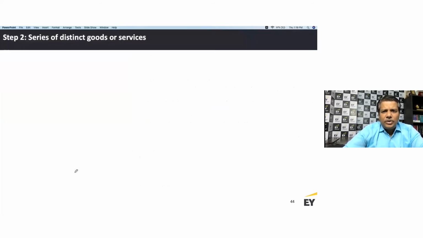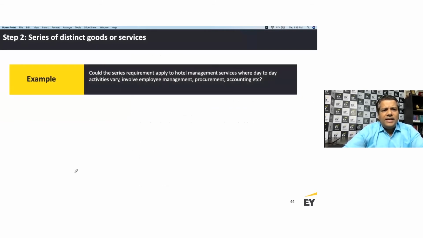Now let's quickly look at a series of distinct goods or services. We talked about a few, but could the series requirement apply to hotel management? Let's say I've undertaken a project to do hotel management on behalf of a hotel owner.